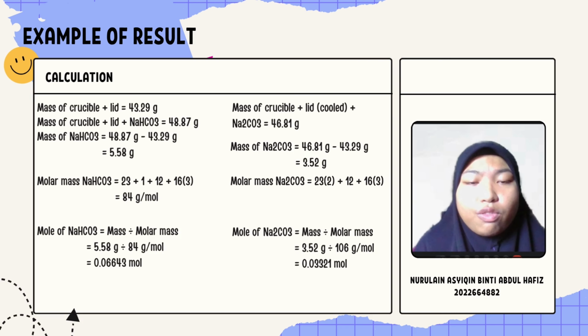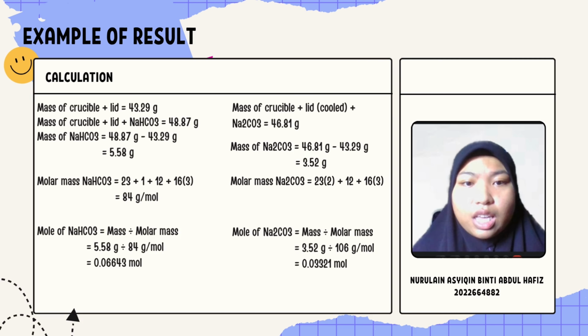So, to find the mass of the NaHCO3, the mass of the crucible plus lid plus the NaHCO3 minus the mass of the crucible plus lid, and we will get 5.58 gram.